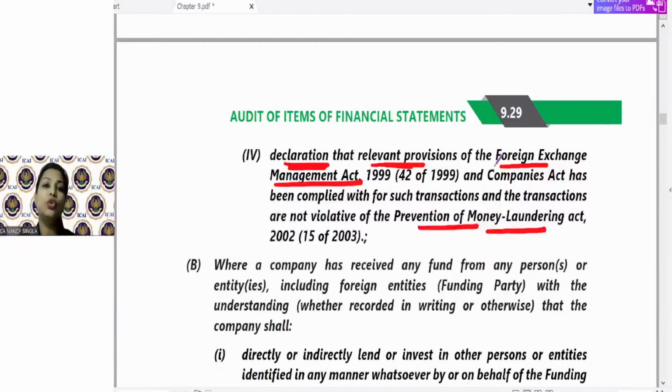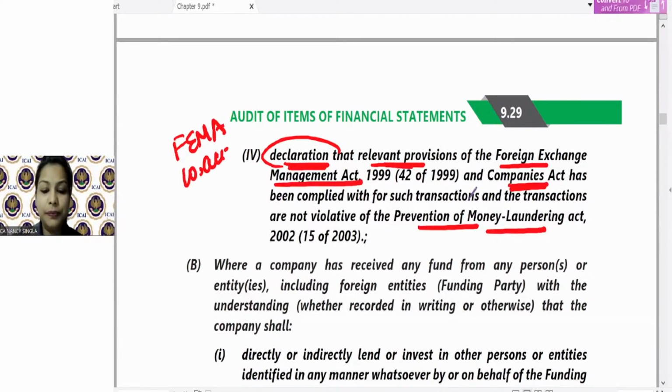So the company is going to give a declaration by itself, है ना? A declaration that the relevant provisions of Foreign Exchange Management Act, Companies Act have been complied with. तो FEMA को comply किया है हमने, Companies Act को comply किया है, and the transactions are not violative of Prevention of Money Laundering Act, है ना?